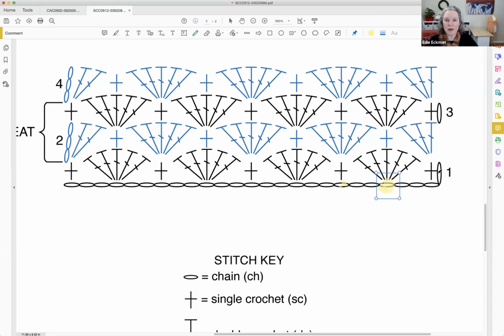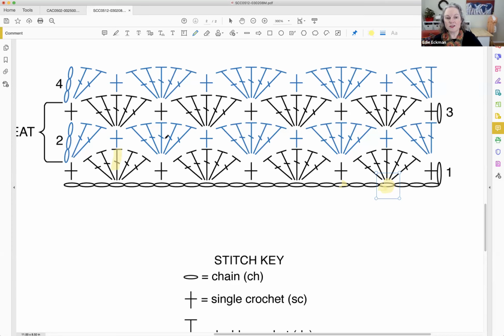So back to reading this chart. I've worked row 1. I'm going to turn, do a chain 3. And you can see that I'm going to put 2 double crochets into that very first single crochet. And then I'm going to skip these 2 double crochets and put a single crochet into the center double crochet of that previous shell right there.